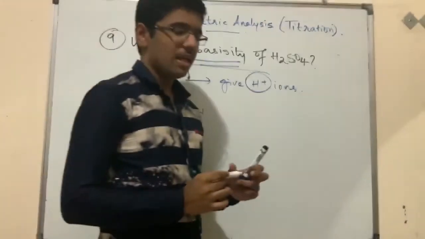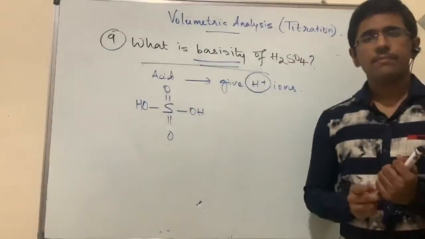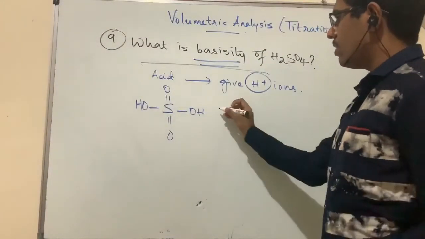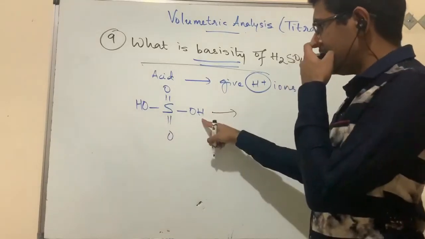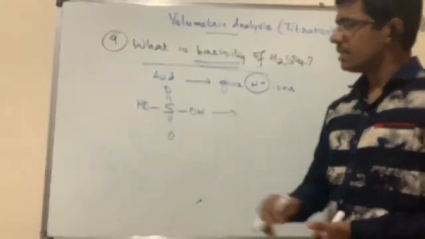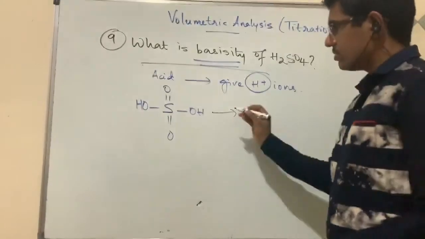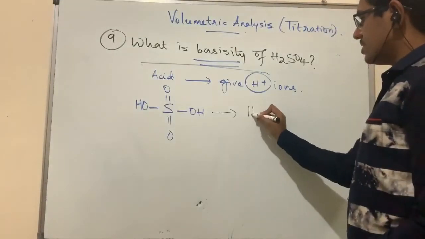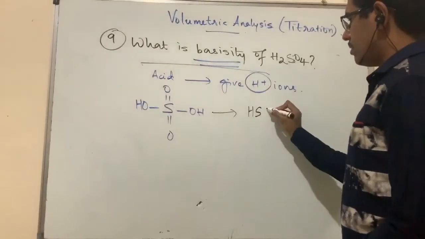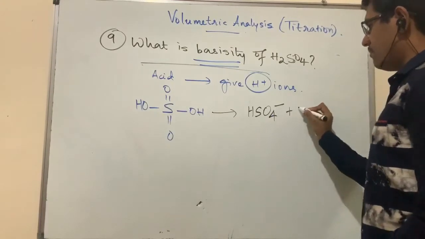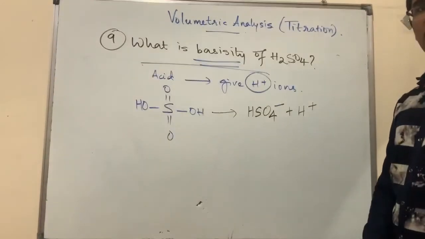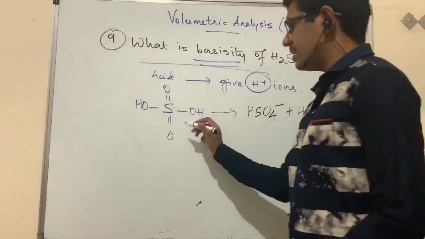How much H plus can it give? This hydrogen it can ionize, right? And this hydrogen also it can ionize. So it can give HSO4 minus and 1 proton in the first reaction when it is added to water.